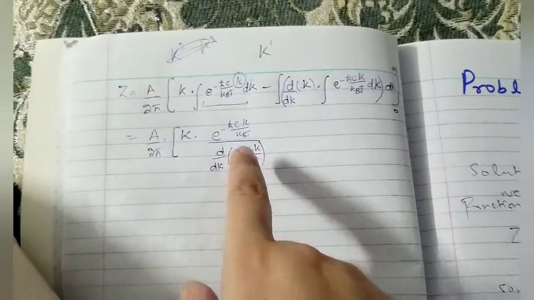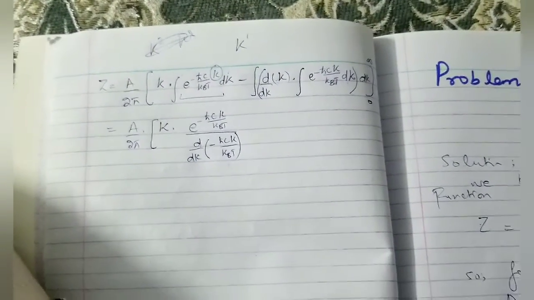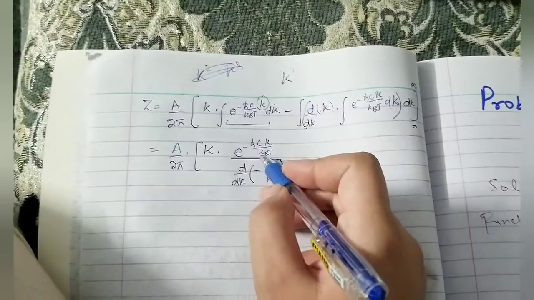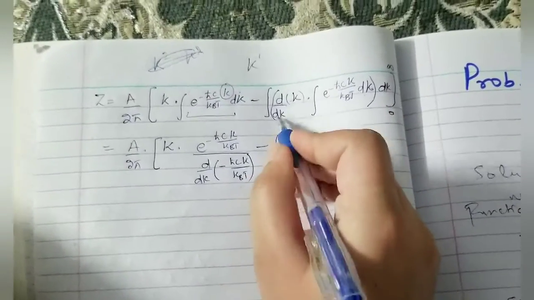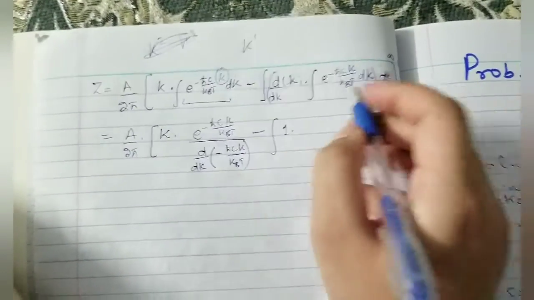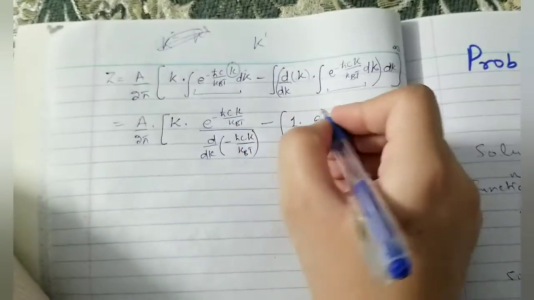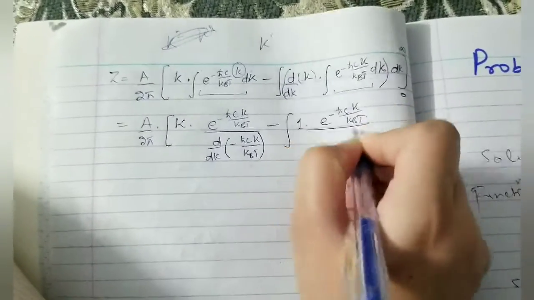This formula holds only if the power is 1 on the variable in the exponential. So the exponential term comes as it is, divided by the derivative of its power, minus ħc by k_B T. The derivative of k with respect to k is 1, so it doesn't have an effect, and the integration of this term is similar to what we wrote before, and here we go.